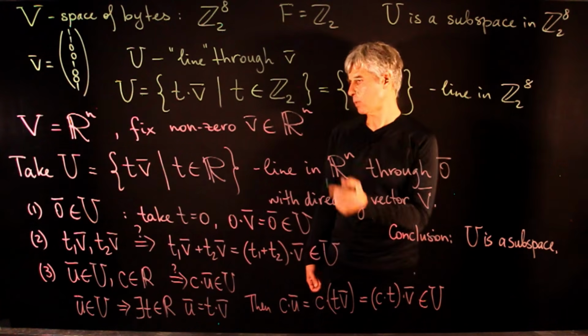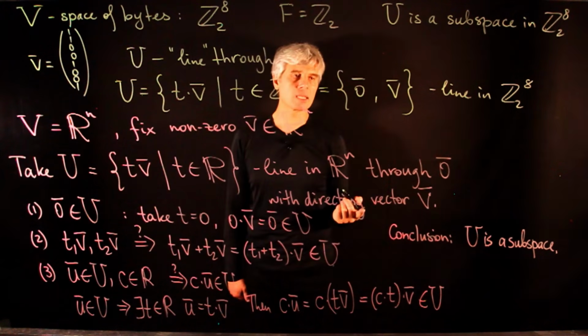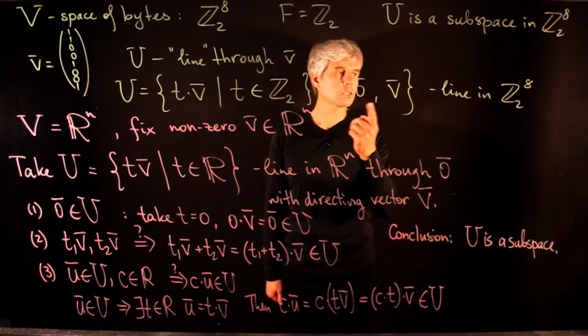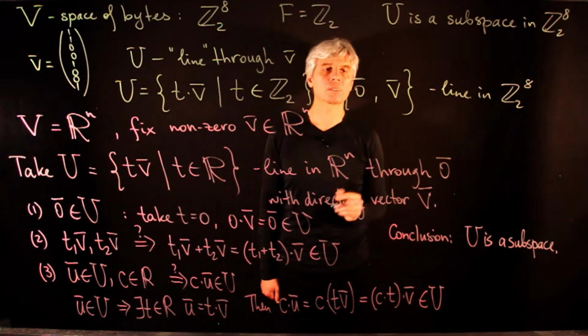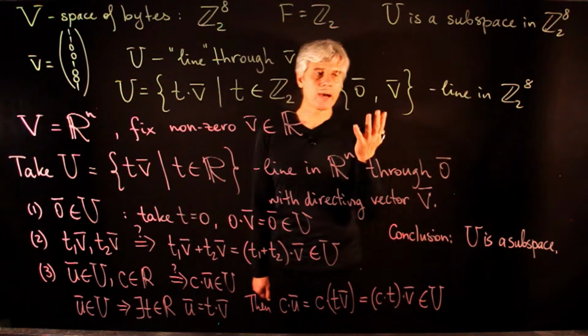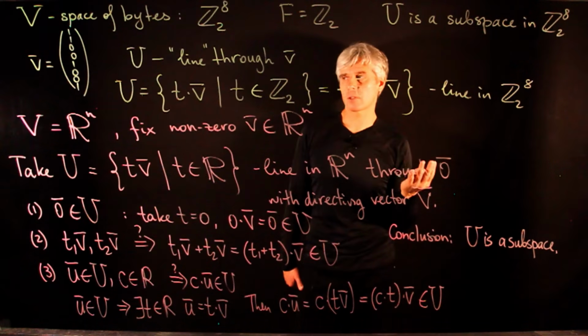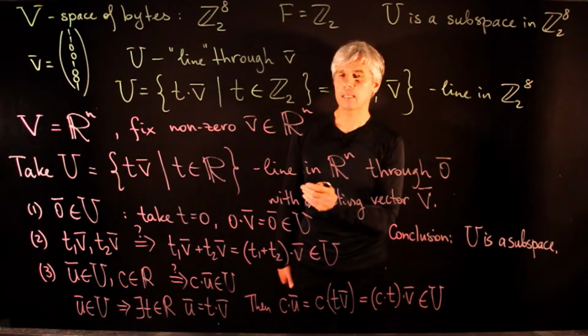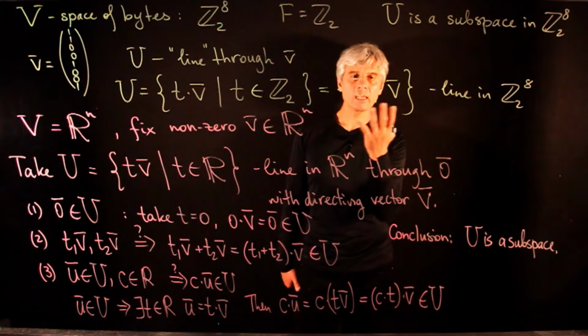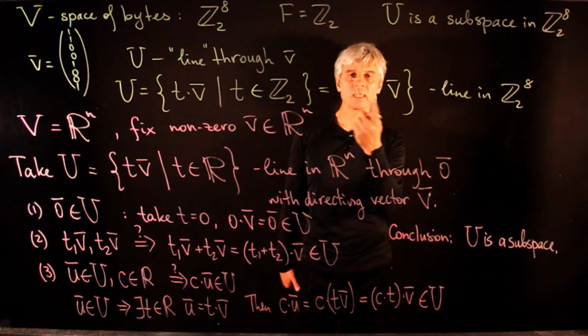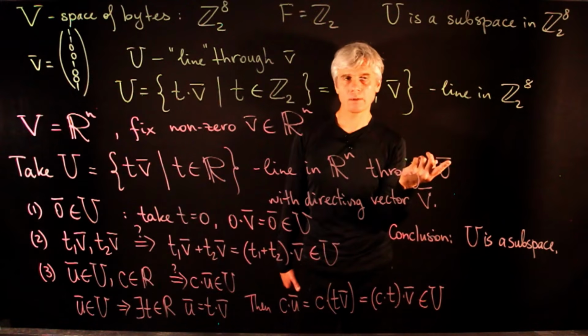So let's go through the axioms of a subspace. Here, the 0 vector belongs to this subset. That's true. Now, this subset must be closed under addition of vectors, and additions are carried out mod 2. Again, we see that this is true. If we take 0 plus v, that's v.